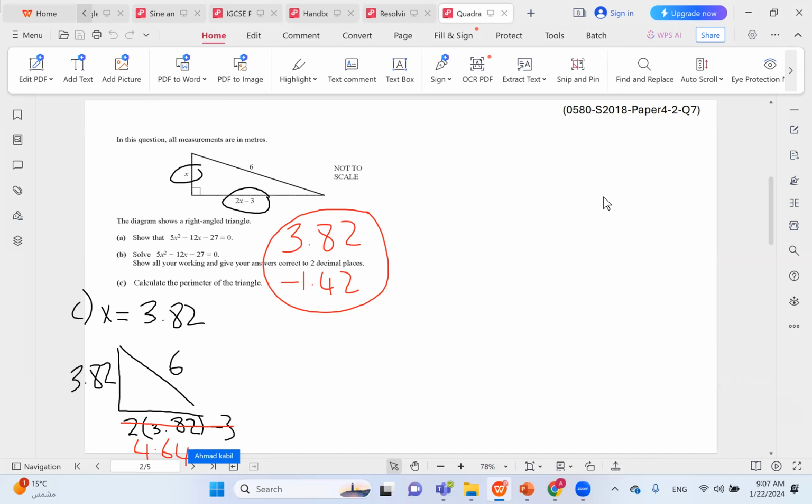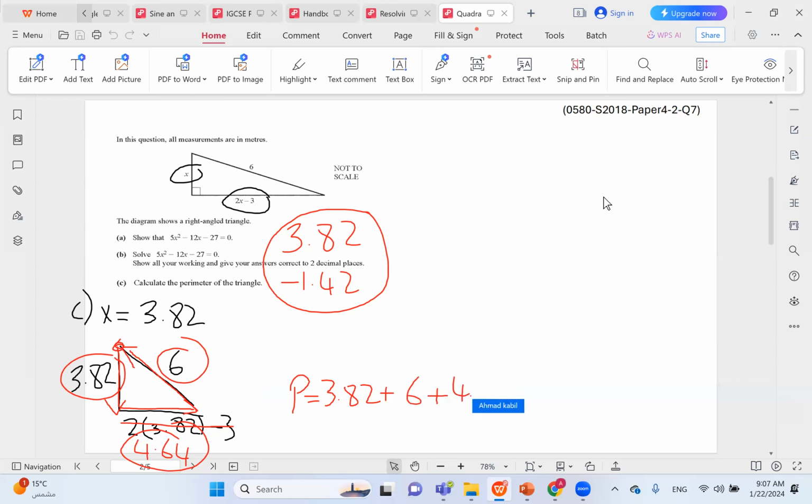And the perimeter is basically the sum of the sides. To get the perimeter, you start at a point and you walk around the shape. I'm just going to walk in this direction, followed by this direction, and followed by this direction. So this just means I'm adding these 3 numbers in order to get the perimeter. I write P equals 3.82 plus 6 plus 4.64.